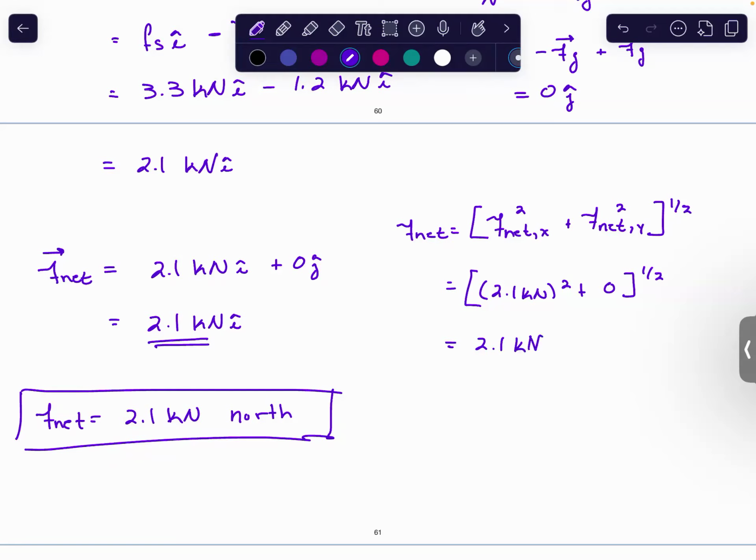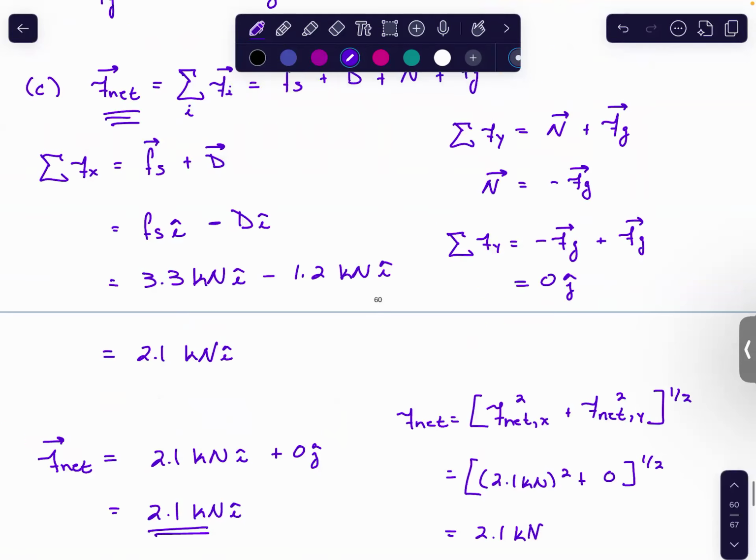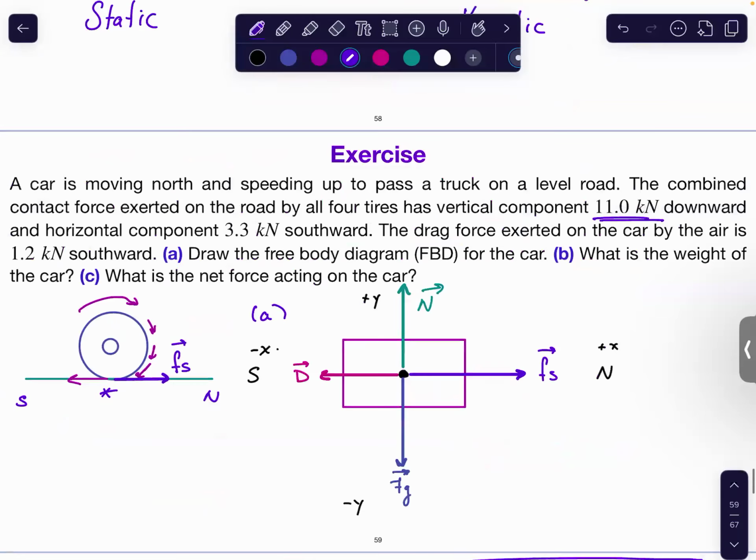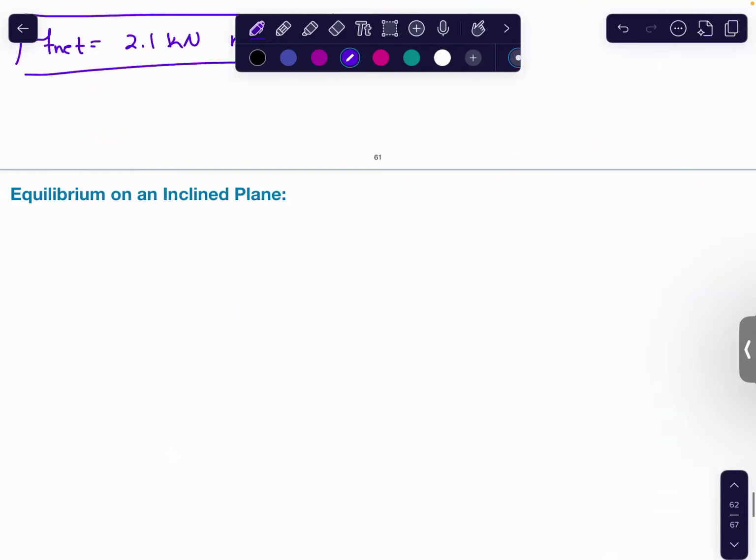So again, 2.1 kilonewtons north. Okay, so that's how we really go about solving a problem like this. All right, let's continue on.